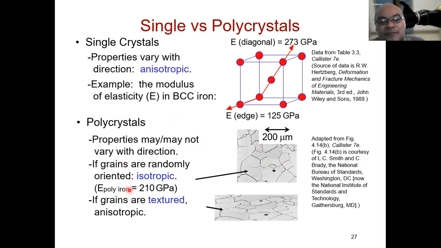Here the Young's modulus of polycrystalline iron is 210 gigapascal. But if the grains are textured like this, oriented more towards the horizontal direction compared to the vertical direction, then they become anisotropic. The Young's modulus, for example, will be different in the horizontal direction compared to the vertical direction.